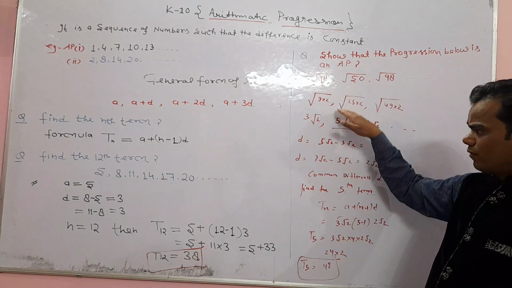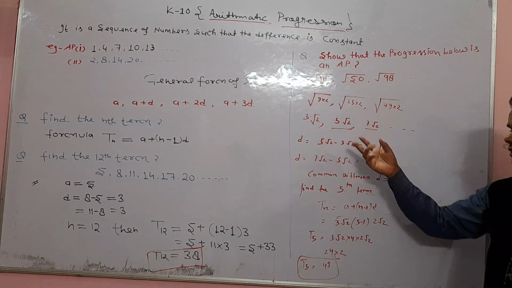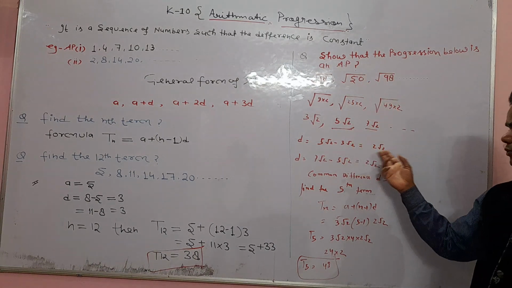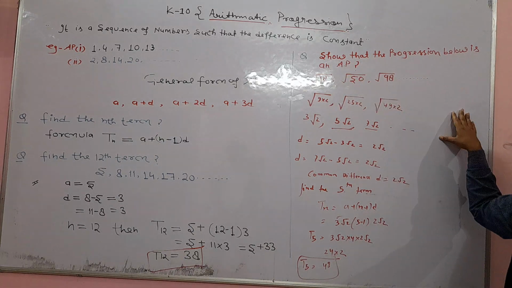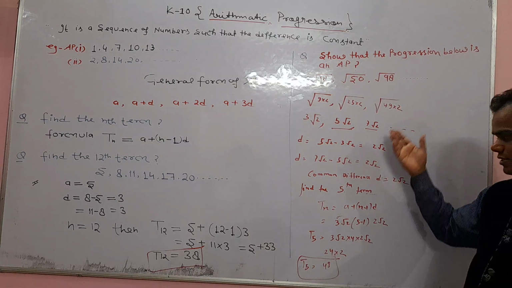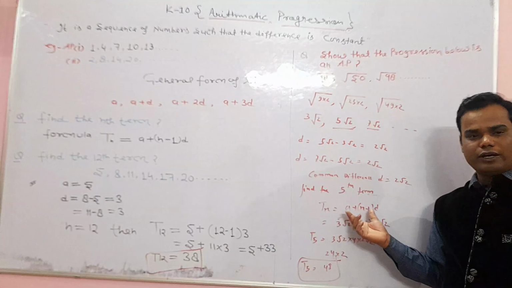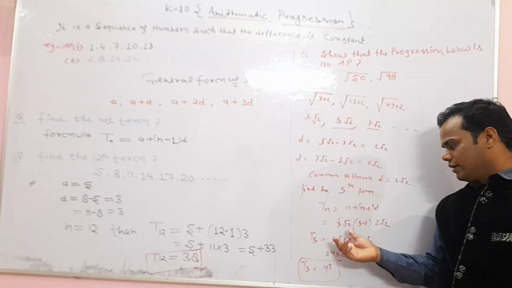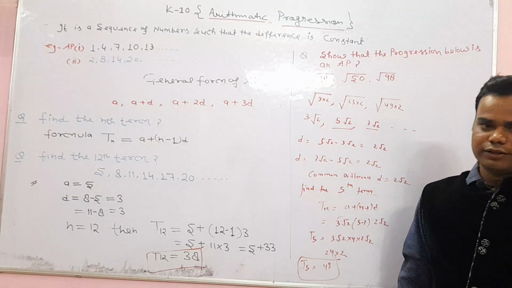So we find the common difference between two numbers. Here the common difference is 2 root 2. That means this series is shown to be an arithmetic progression. And find the next term, for example the fifth term. Then Tn equals a plus n minus 1 into d. Here we put the values and T5 equals 48. Okay, thanks.